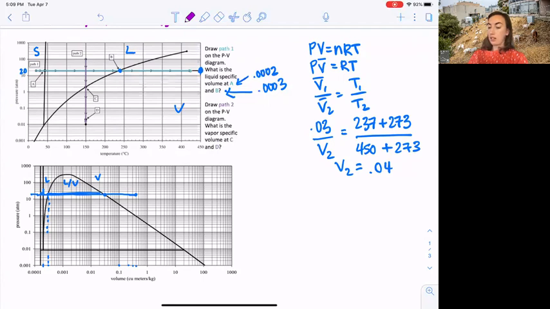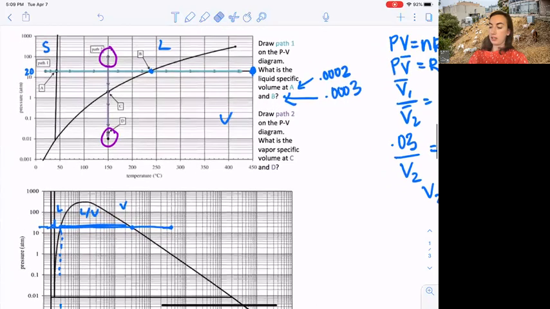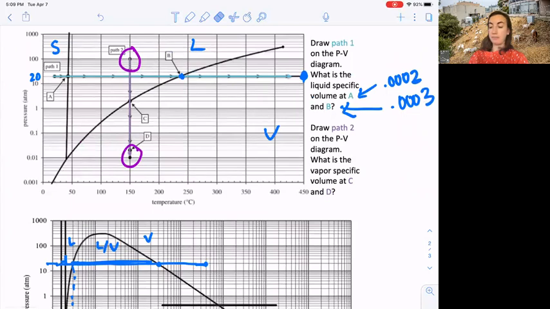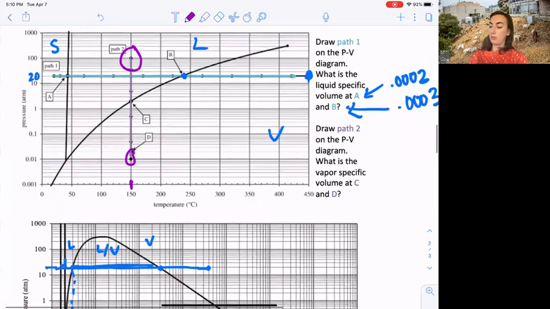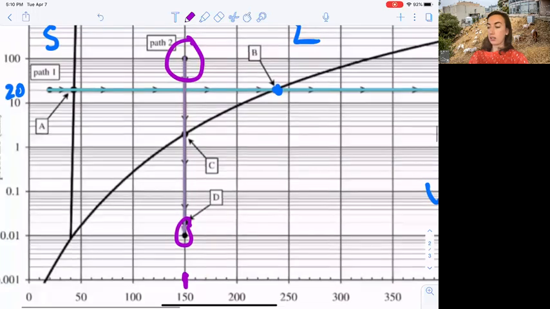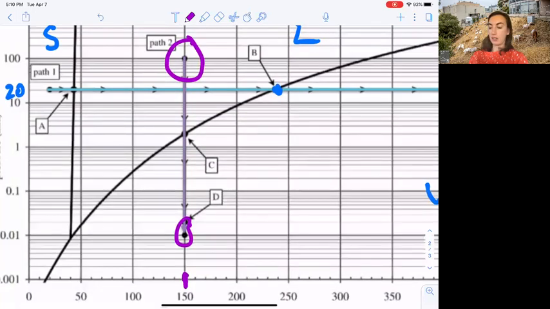So one thing we know for sure is that we are starting somewhere in the liquid region up here, and we are ending somewhere in the vapor region. And we are doing so at 150 C. So I'm reading that off of the x-axis here. And we can figure out at what pressure we're going to go through our liquid vapor coexistence by looking at this point here.